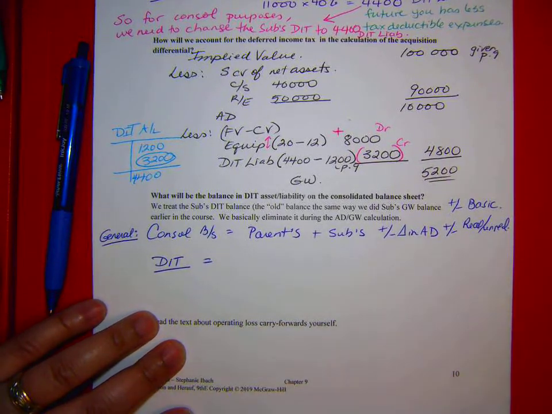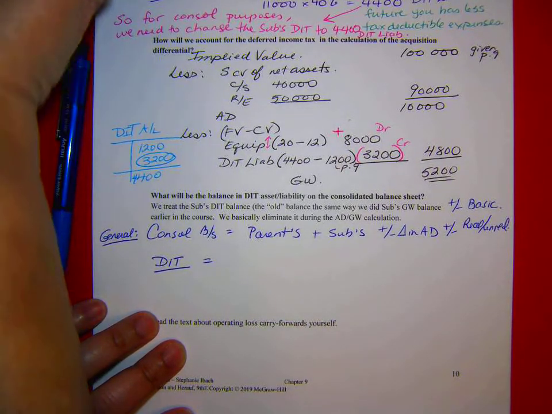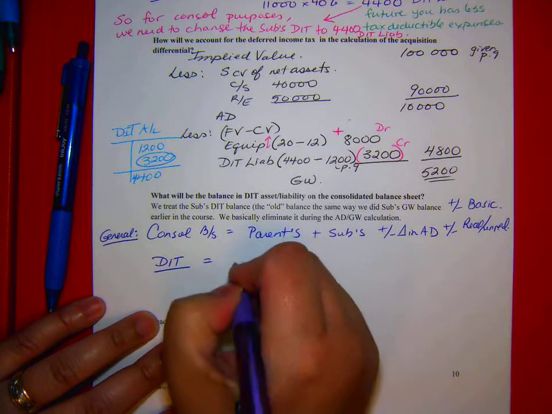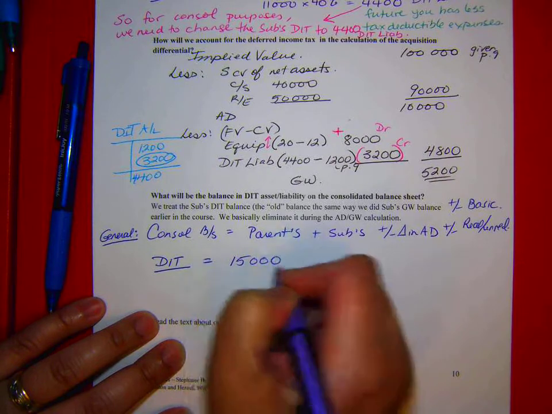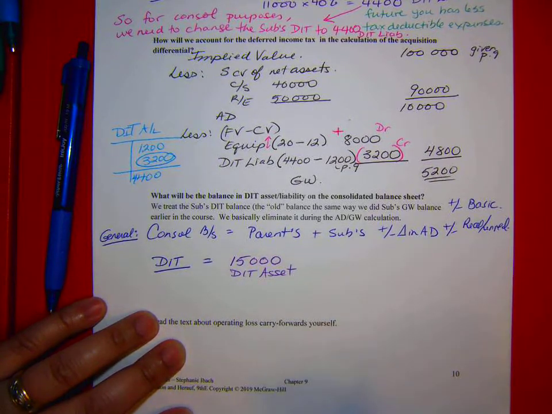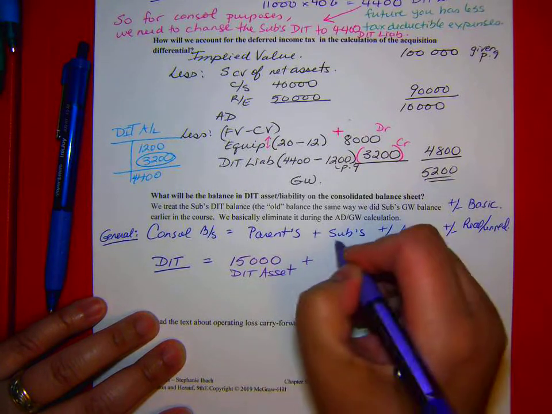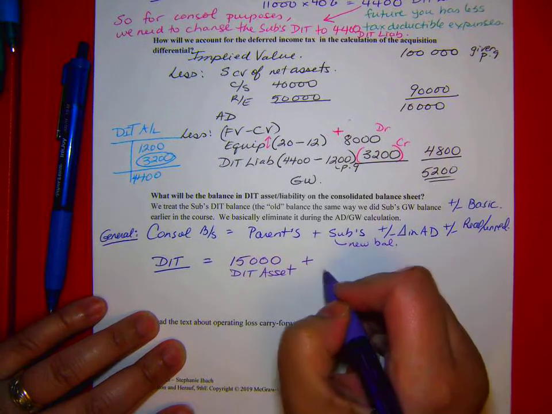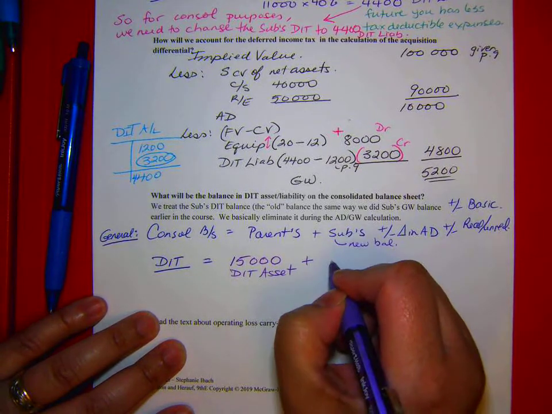So what did the parent have on their books to start with? If you look on page 9, the very last sentence of the problem says the parent has a DIT asset totaling 15,000. So there's a 15,000 DIT asset. Now the sub, and we want the new balance, is going to be 4,400.